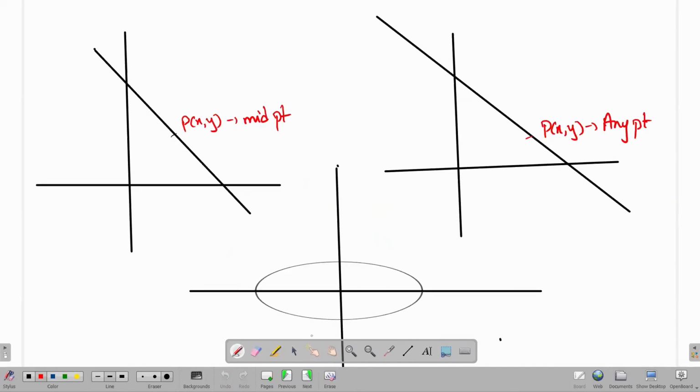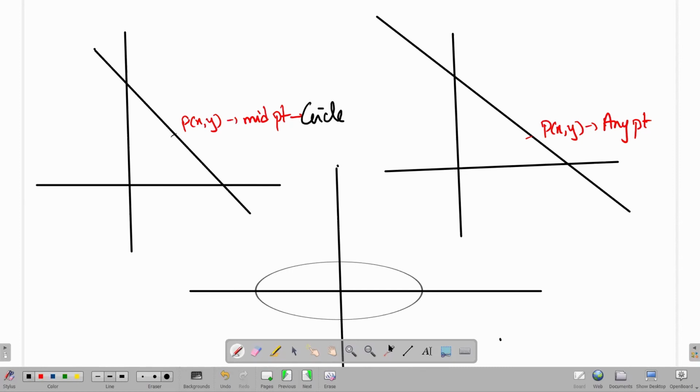Now, one more shortcut. If you get a question that a ladder is lying against a wall, or a rod is lying against a wall, and you have to find the locus of the midpoint of that rod, that means the path traced by this midpoint, then the locus is always a circle.